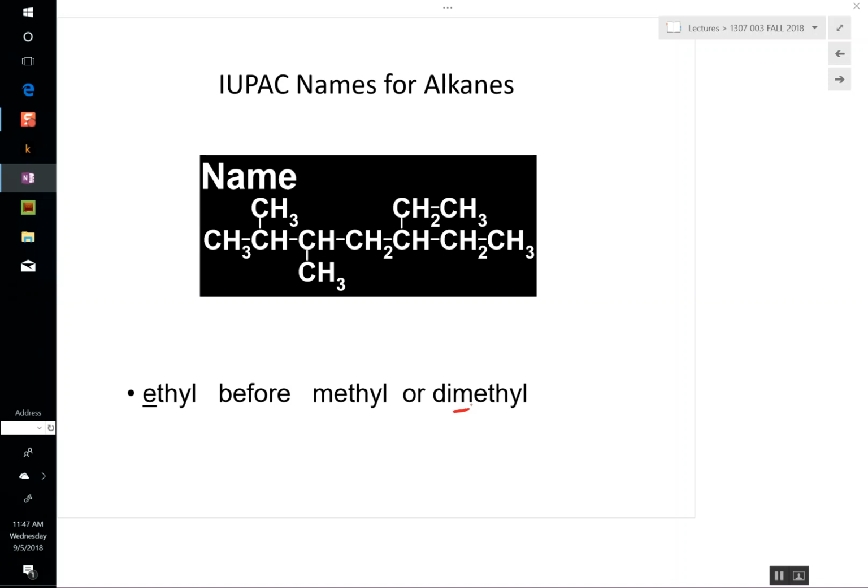You've got 2 methyls on there. Because it's 1, 2, 3, 4, 5, 6, 7, and then if you go up, it's still 7. Right. There's 2 ways you could go for the longest chain, but you end up with the same number.